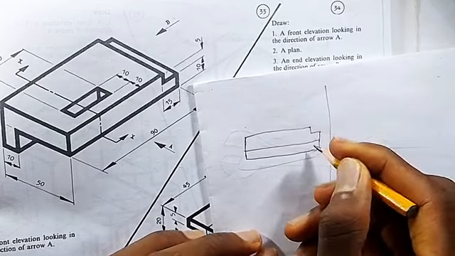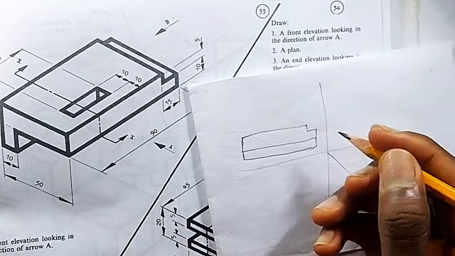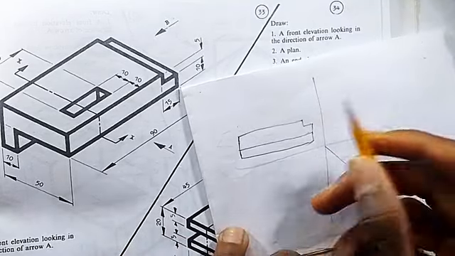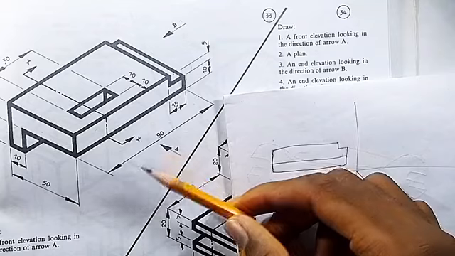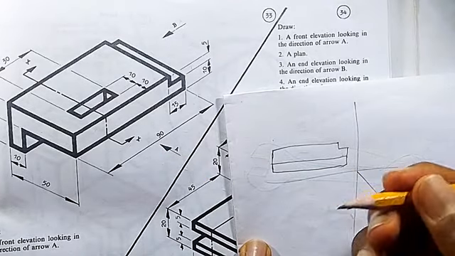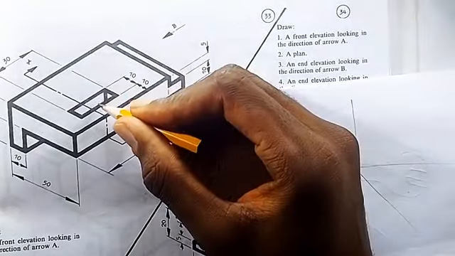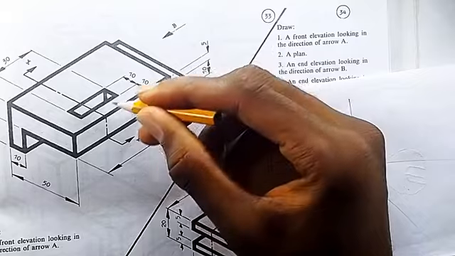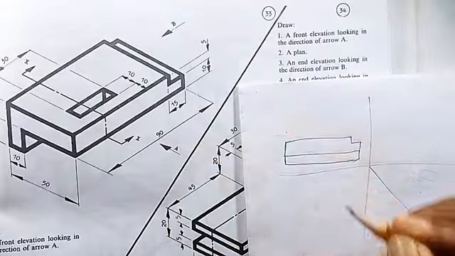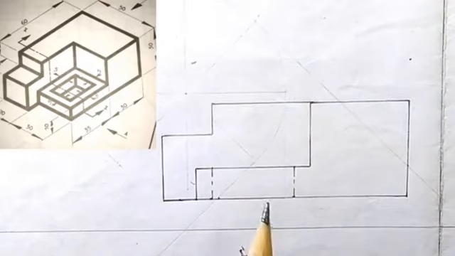Good. So after the front elevation, what is next? We do not see any other block. At the right hand side, there's nothing here, nothing above it, nothing at the left, nothing below. But we have to draw something. Take note, there's a hole here. We cannot see the hole, but to identify that there is a hole using the front elevation, we use a hidden detail, as we've learned in previous videos.